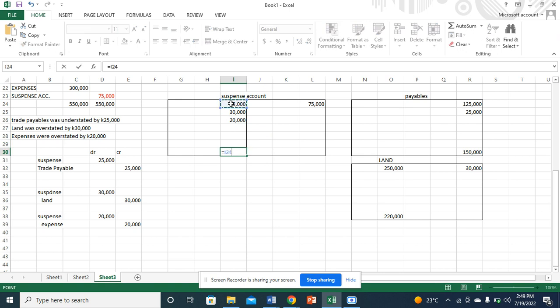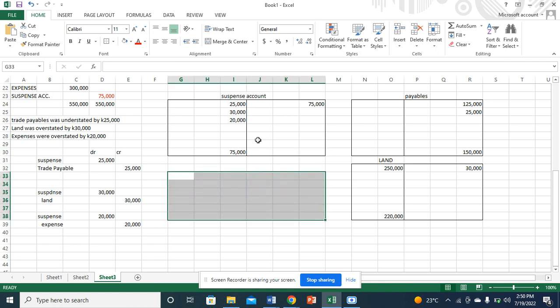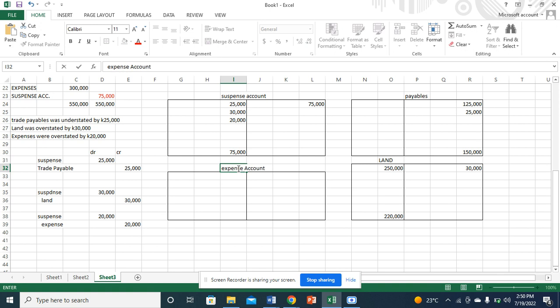This must close. 75,000, 75,000. On your expenses account, it was how much? 300,000.